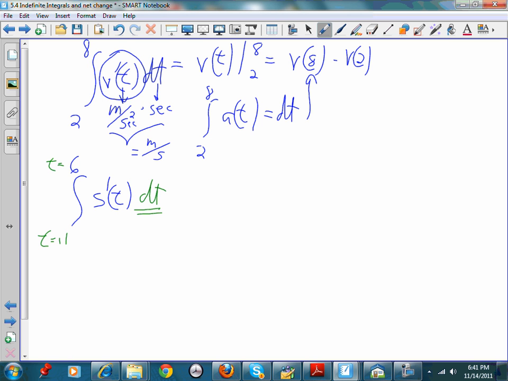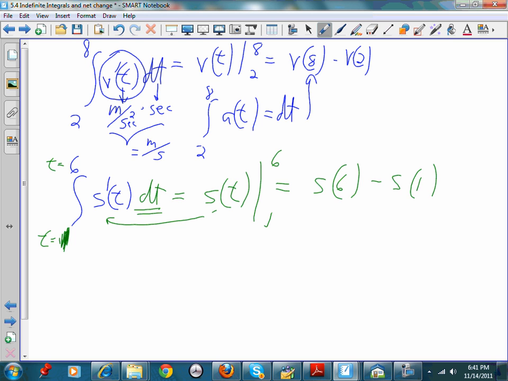T equals 6. Well, what's the antiderivative of the derivative? That's just going to be s of t, right? That's the antiderivative. The derivative of s of t takes me back here. That's correct. So now I put in 6, I put in 1. Sorry, that's a 1, not an 11. So this is going to be s of 6 minus s of 1.